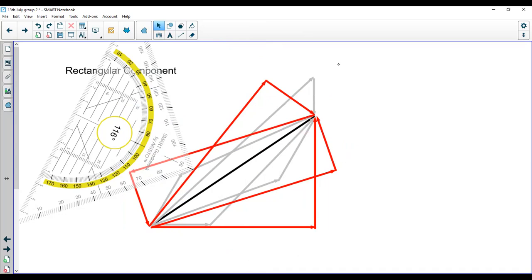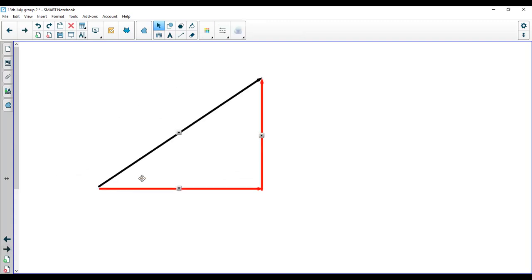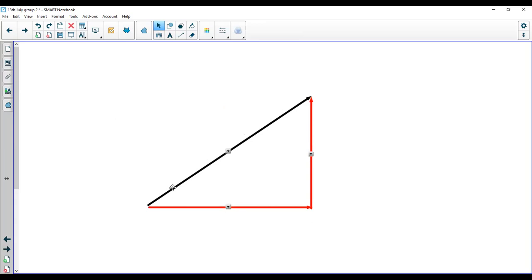So every vector can always be divided into two rectangular components. By vector, we mean a vector whose magnitude and direction is known. Say that we have a vector here, and we call its magnitude A and its direction theta.